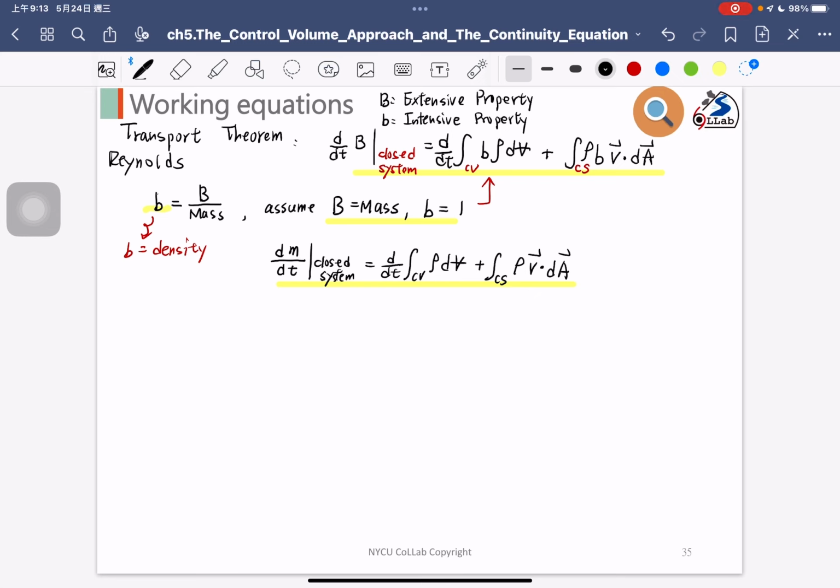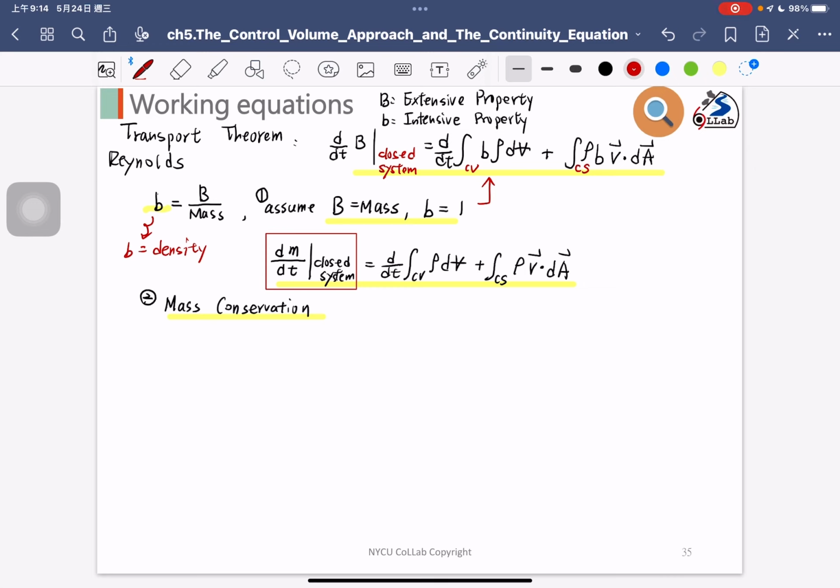This is our first assumption, and for the second assumption, we consider that the mass satisfies the mass conservation. This item, the mass inside the closed system changing with time, is always equal to 0.